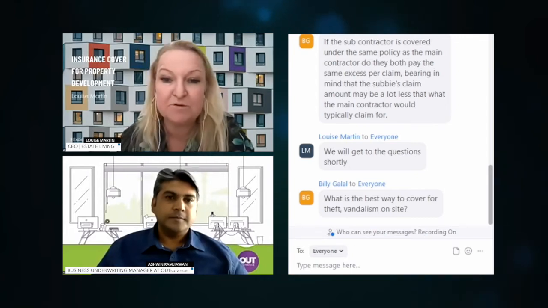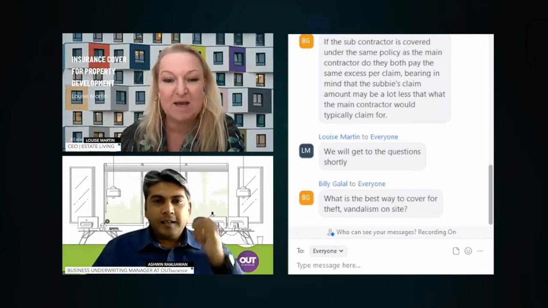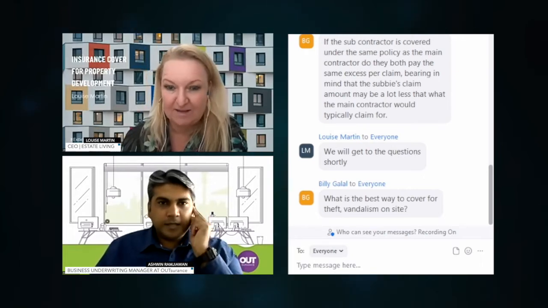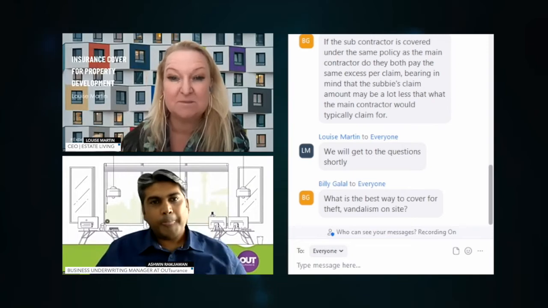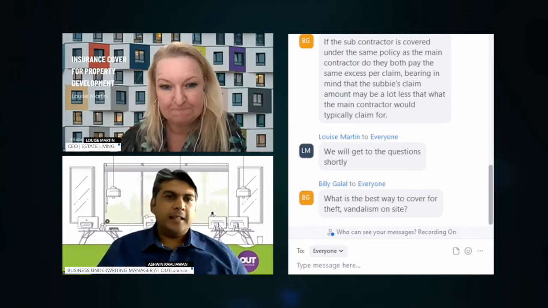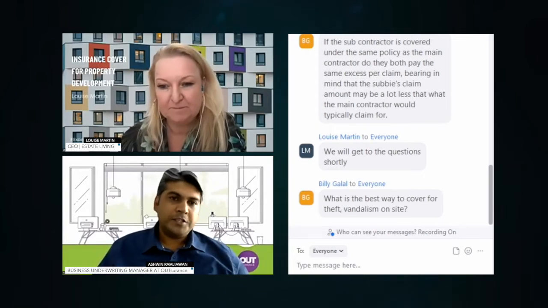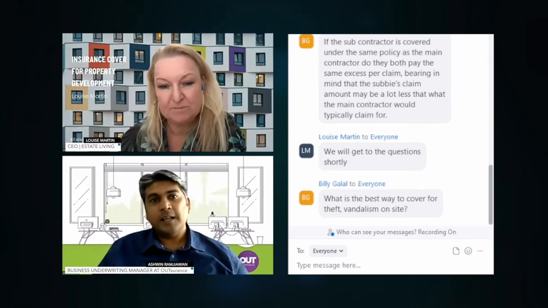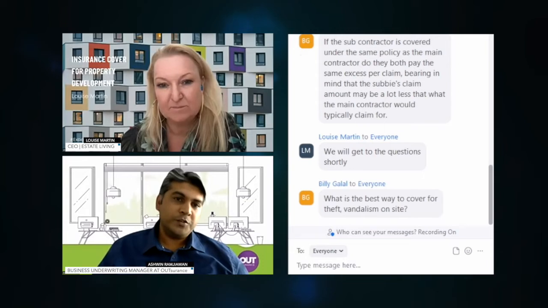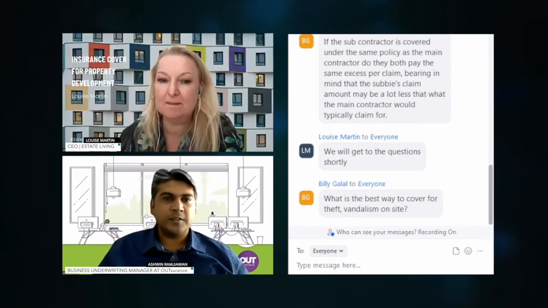Unless I can prove that that item is covered under the contractor's policy. Yeah, and I think depending on how that claim will be managed, there might be a recovery from that subcontractor to recover that excess for the insured or the main contractor, depending on what the incident was and the circumstances around the claim as well.